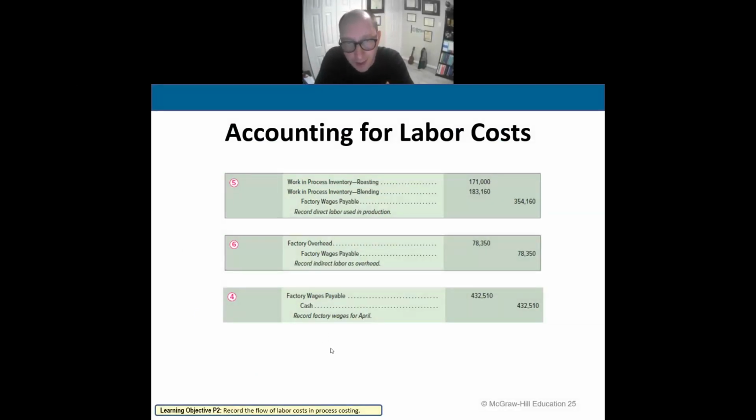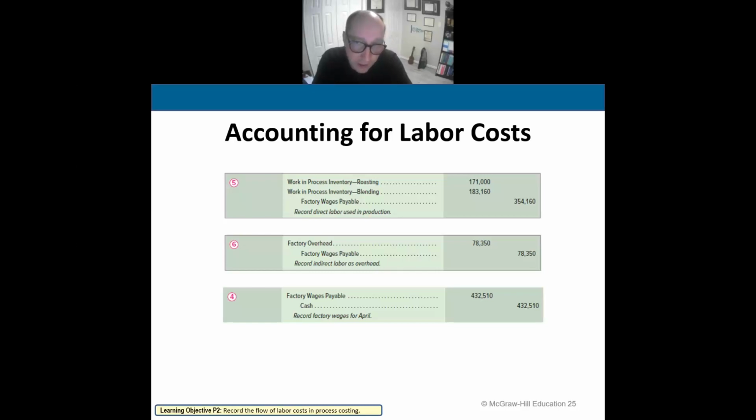Similar process for labor. We debit work in process inventory to increase the work in process inventory for the labor amount used in each department. So I used a certain amount of direct labor for one department, or a certain amount of labor for another department, and I credit factory wages payable to represent the increase in the wages.